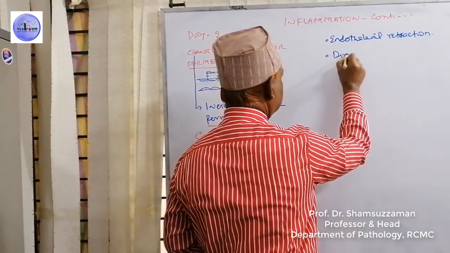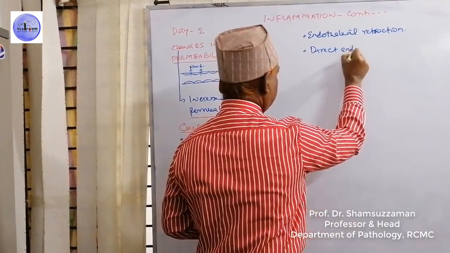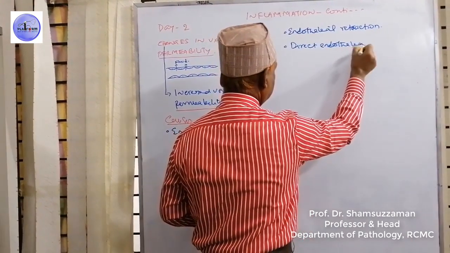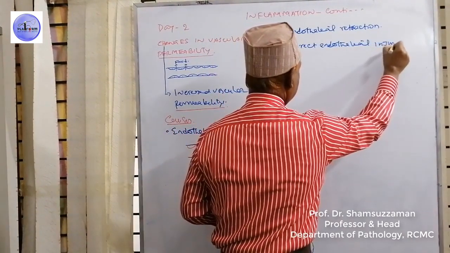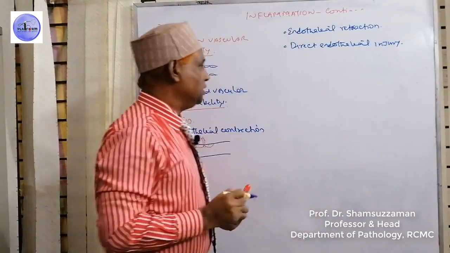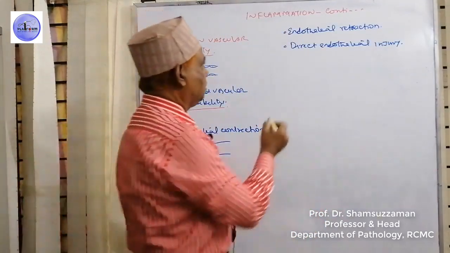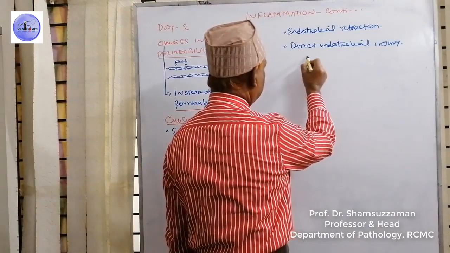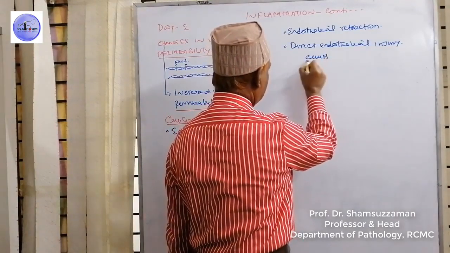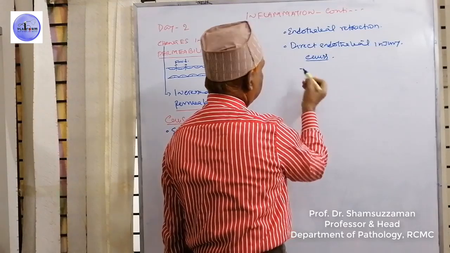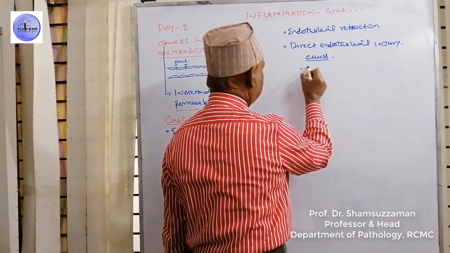Then, direct endothelial injury. How may the endothelium be directly injured? What are the causes of direct endothelial injury? It may be due to trauma.